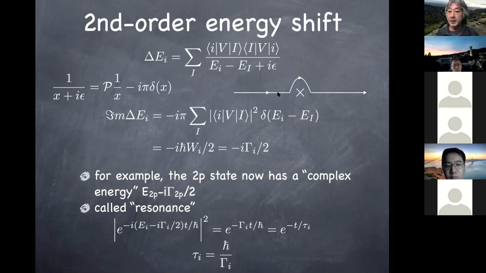So you get a piece by going around this pole, above the pole. You get a contribution which is negative iπ times the value of the numerator evaluated at x equals 0. So that's what this delta function is supposed to give you.